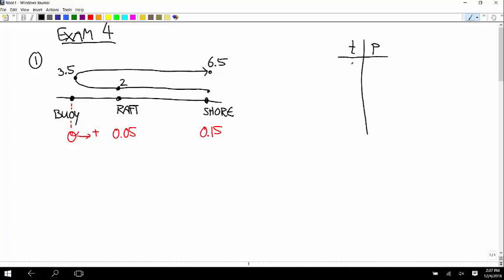So at time equals 0, the swimmer is at position 0.15. At time equals 2, the swimmer is at position 0.05. At time 3.5, the swimmer is at position 0. At 6.5, the swimmer is at position 0.15.